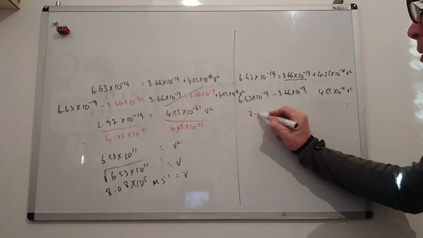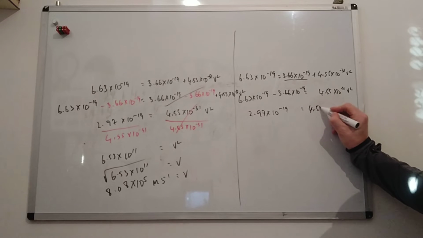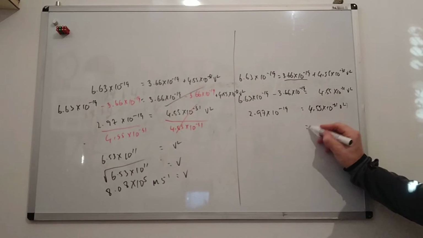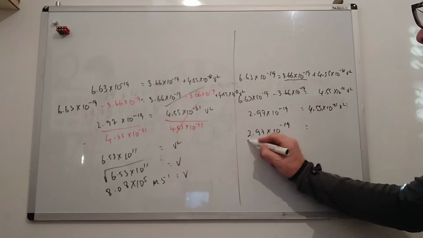Subtract those, get 2.97 by 10 to the minus 19 equals 4.55 by 10 to the minus 31 v squared. That's multiplying the v squared, so it goes across as dividing, by our rule, by our tricks.